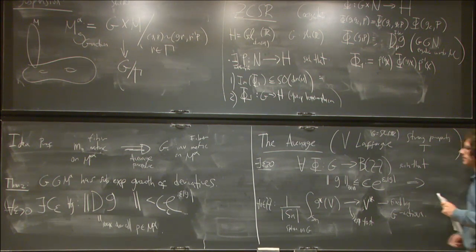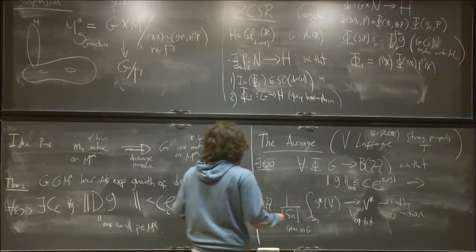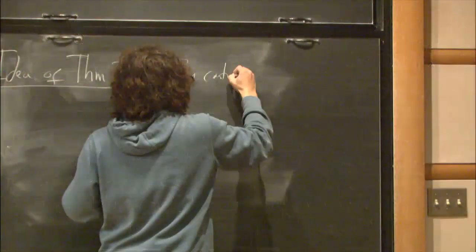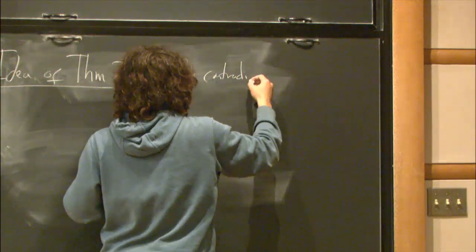I'll call this Theorem 2. So I'll just put the idea of Theorem 2. The idea of Theorem 2 is that it is by contradiction. So you assume such growth by contradiction.